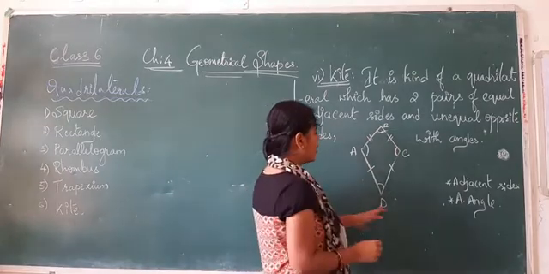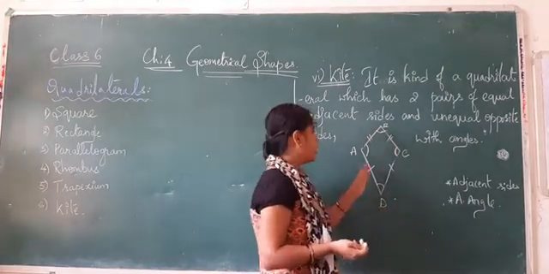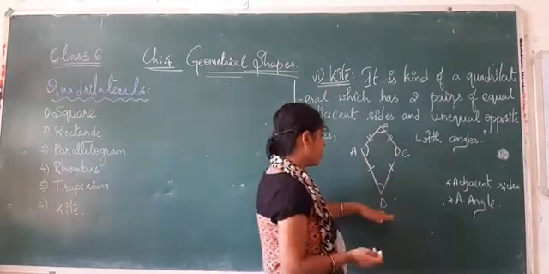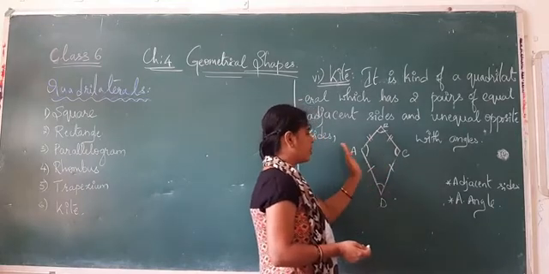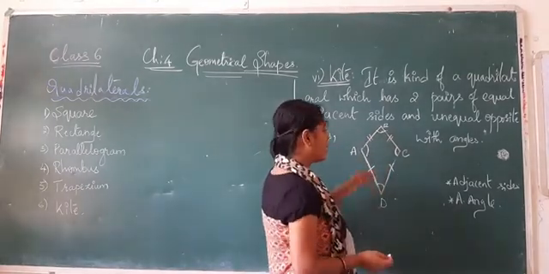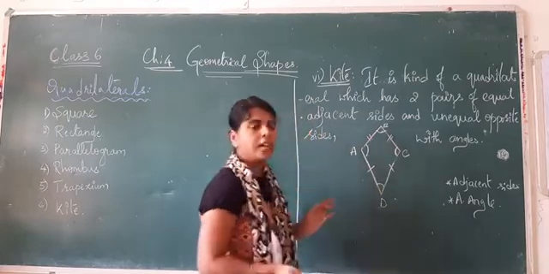So which are the adjacent angles for D? A and C. D is adjacent to C also, and A also, right? Side by side. In that way, adjacent sides and adjacent angles are given.